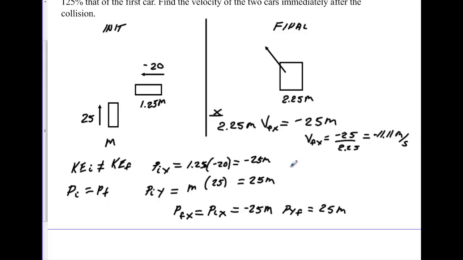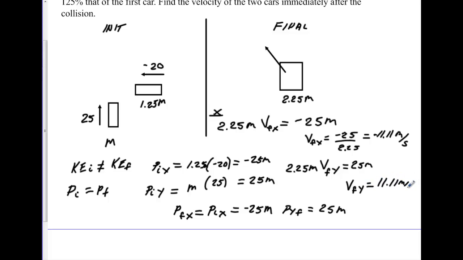We come down here, we know the masses are going to stick together. 2.25 m times velocity final in the y direction. We set that equal to 25 m. Again, we divide by 2.25, and we will get that Vf in the y direction will equal 1.11 meters per second.